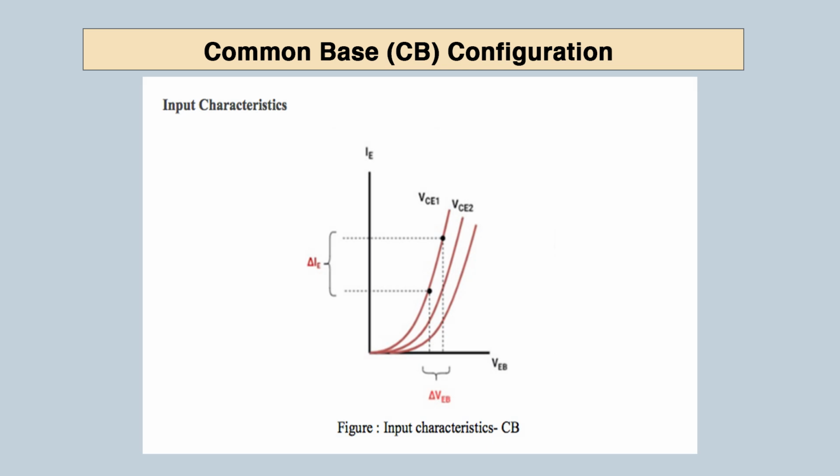So, these are the input characteristics, where the y axis has the input current, that is the emitter current, represented as IE, and the x axis is represented as VEB. The input characteristics are drawn by the input current versus the input voltage.